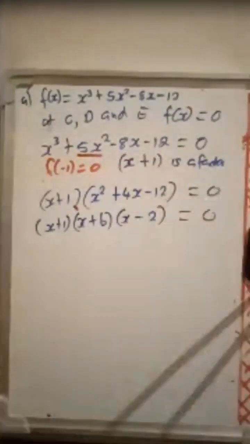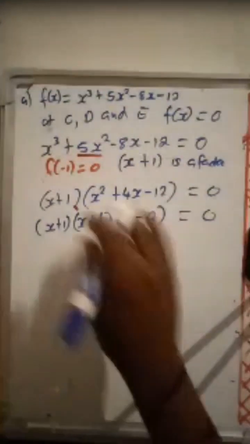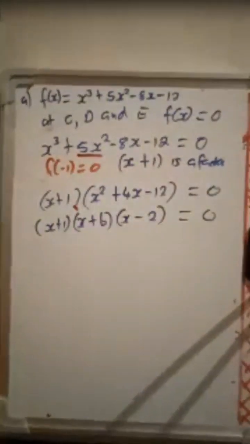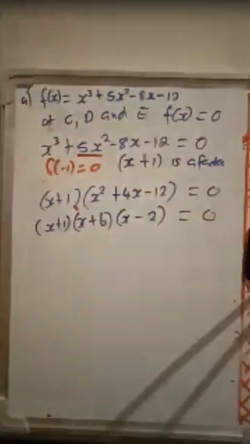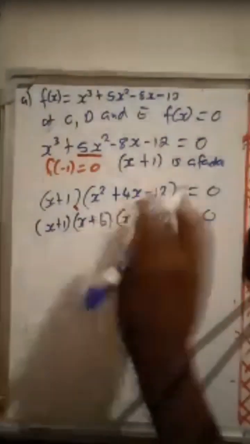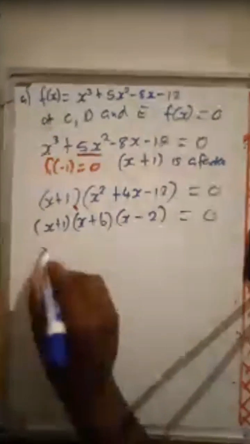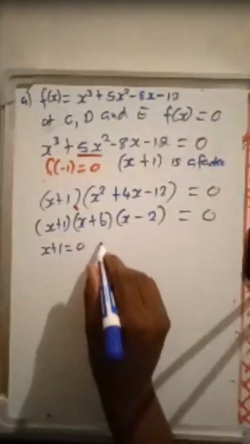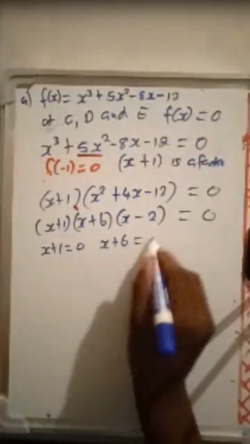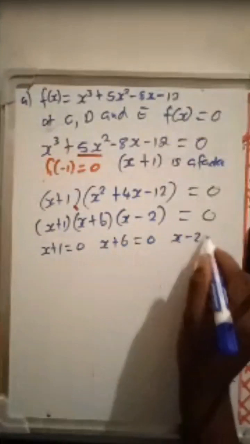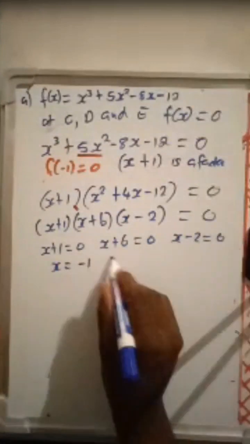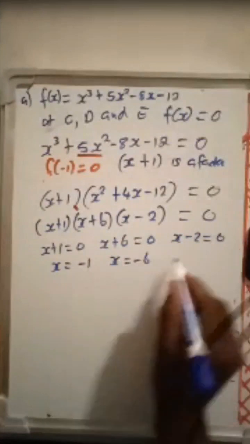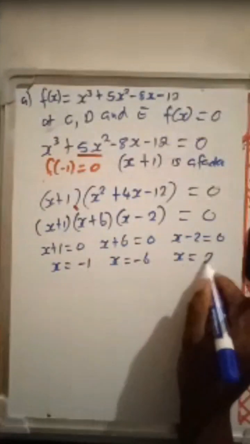If it vexes you to factorize like this, remember you can always use the quadratic formula to solve that. So x plus 1 is equal to 0, x plus 6 is equal to 0, x minus 2 is equal to 0. So x is equal to negative 1, x is equal to negative 6, and x is equal to positive 2.